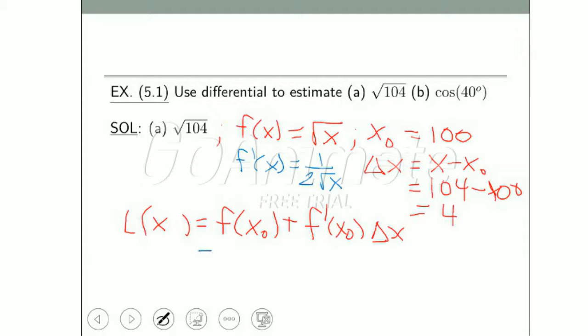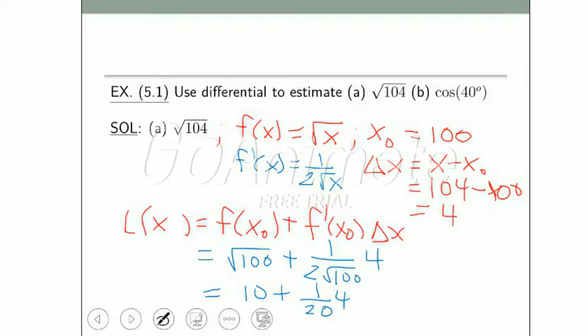This is equal to f at x naught, which is square root of 100, which we know, plus f prime of x naught, which is 1 over 2 square root of 100, times change in x, which is 4. So in fact, this is just 10 plus 1 over 20 times 4, which is just 10.5.